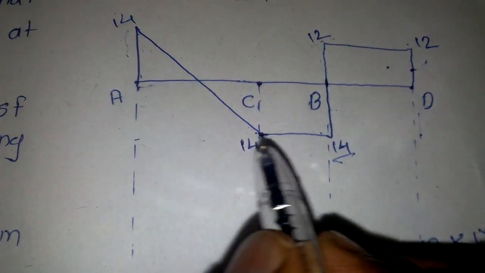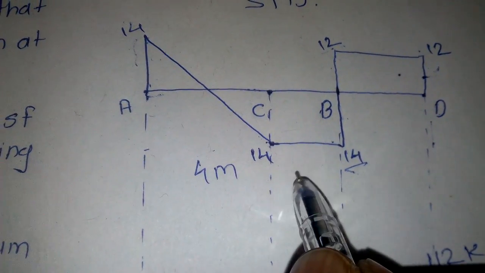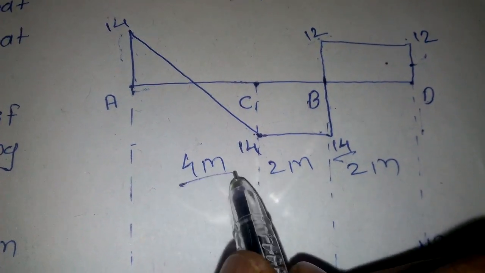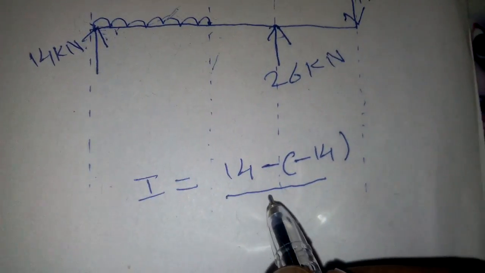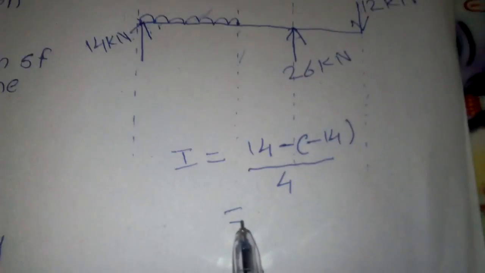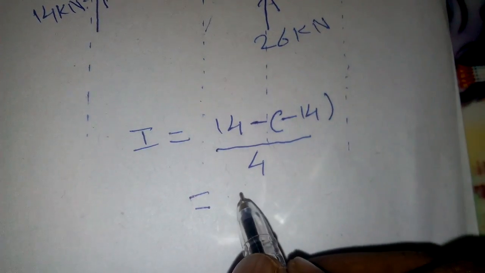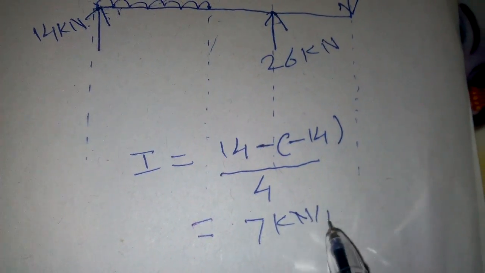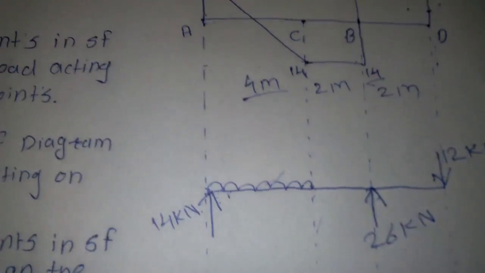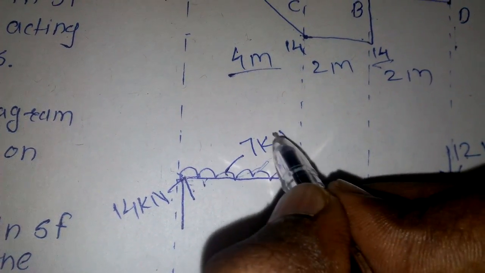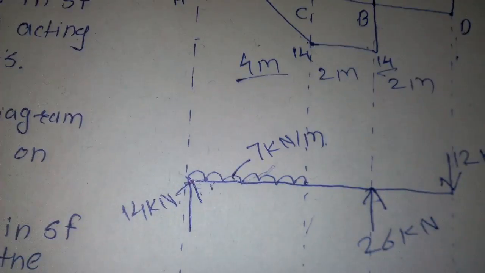Let's assume 4 meter, with 2 meter and 2 meter parts. Now take this span of 4 meter, and divide by 4, so we get the intensity of the UDL as 7 kilonewton per meter.